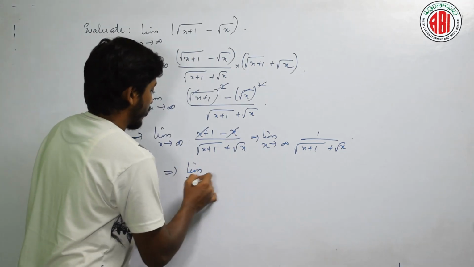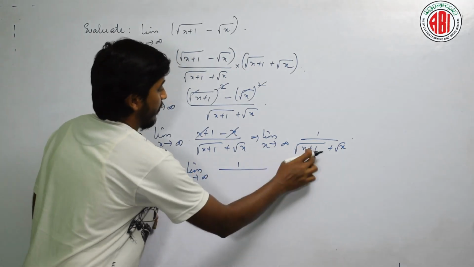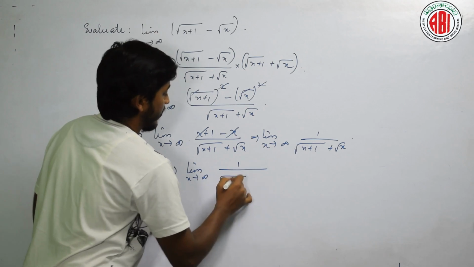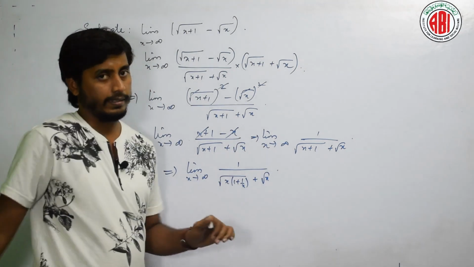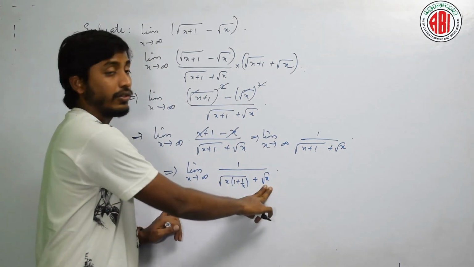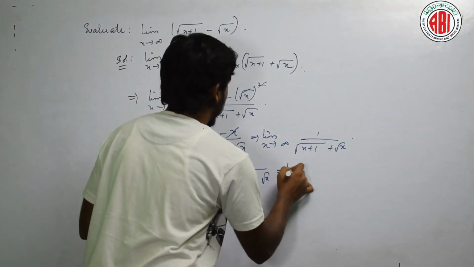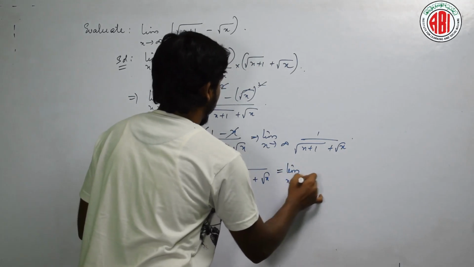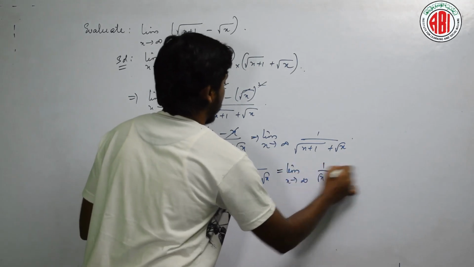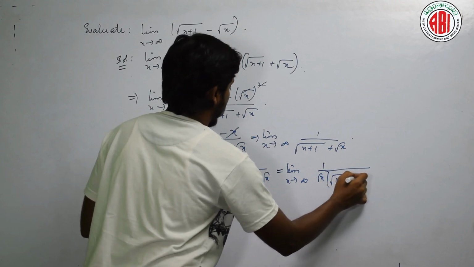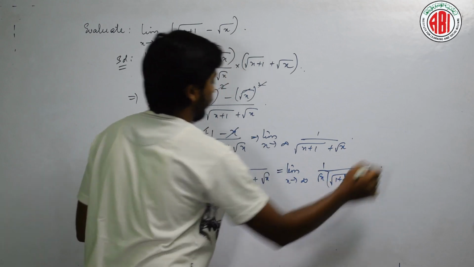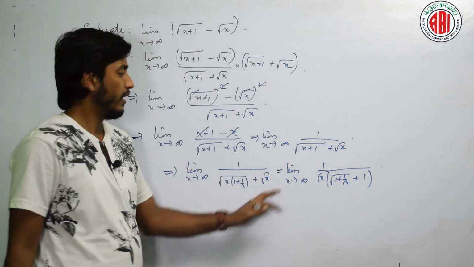Limit x tends to infinity of 1 by, we can take x common here, this will become 1 plus 1 by root x, and this will be root x. Here root x, here also root x, then we get limit x tends to infinity of 1 by root x into under root 1 plus 1 by root x plus 1. Is it right?